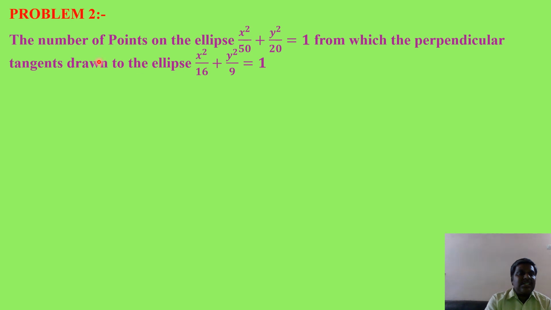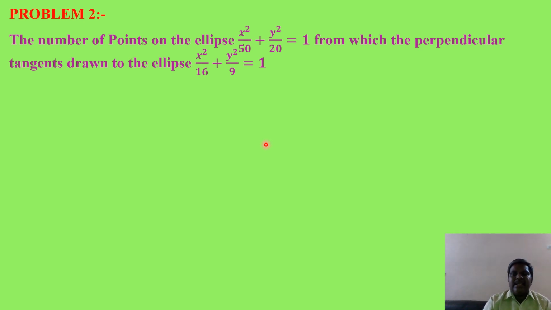You have to find the number of points on this ellipse from which perpendicular tangents are drawn to the other ellipse. That means if you draw two tangents from a point on this ellipse to the other ellipse, they are perpendicular to each other. Such points are how many? That is my question. What is the outline of this problem?